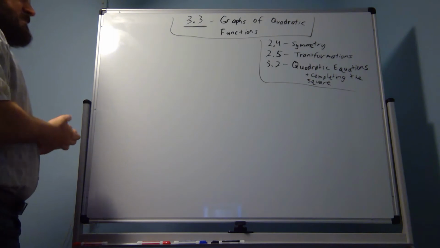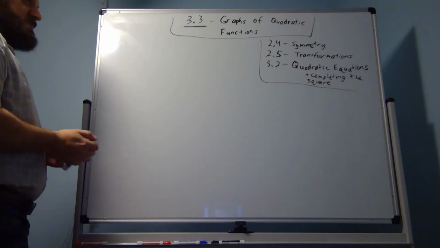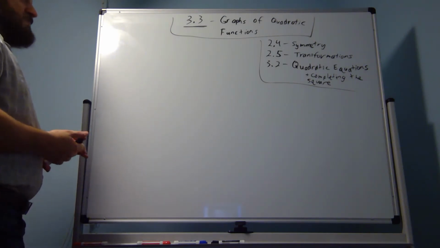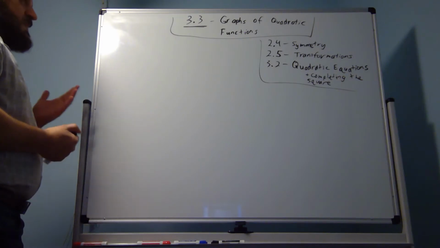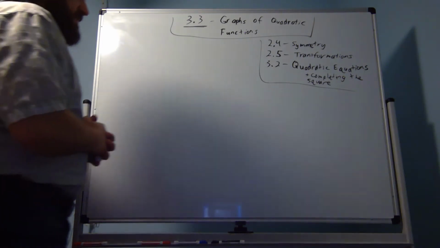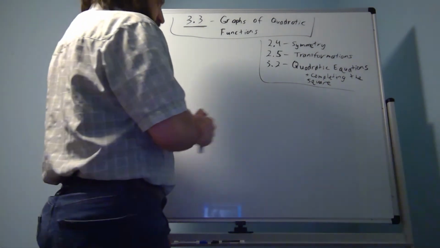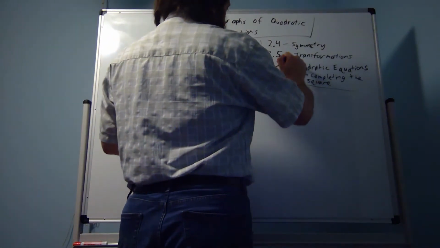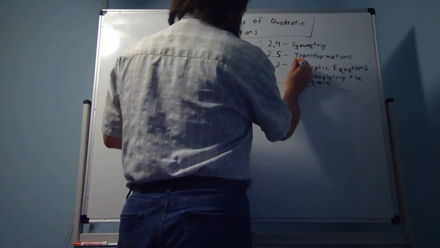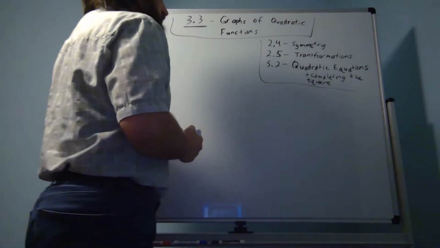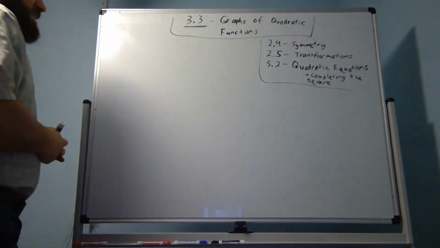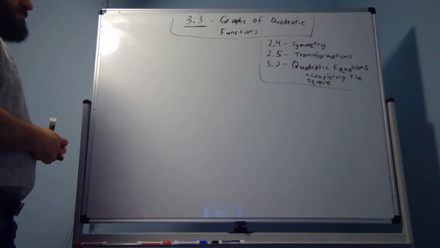If you haven't already watched that video, you should definitely watch it now before you watch this one. Transformations are something you can do with any graph that you already have a picture of and understand. But in particular, once you have y equals x squared and you have some transformations, that tells you everything that there is to know about quadratics.